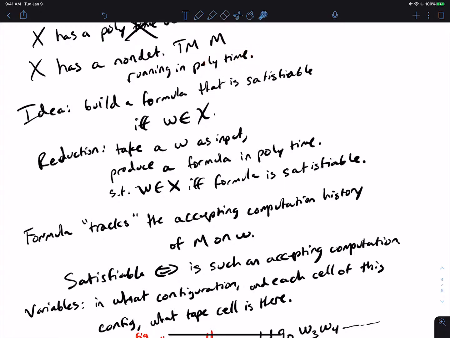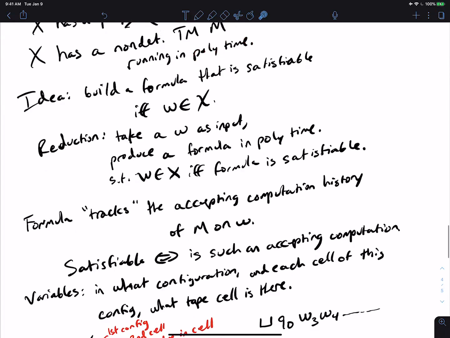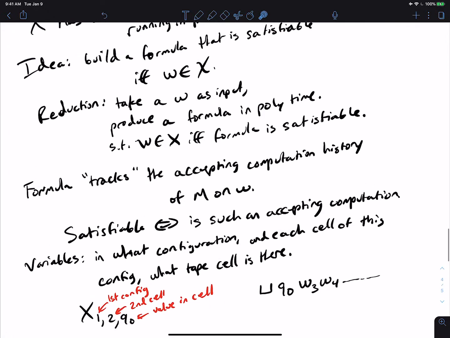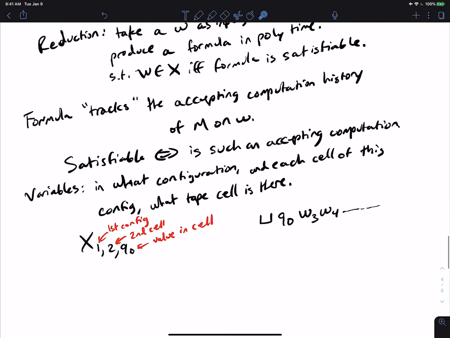But you may think, okay, well, the number of configurations is polynomial, that's fine. But how long are these configurations? Because we have to communicate what each cell of each configuration looks like. Well, we're actually in luck here because the Turing machine can only move right one position every time.